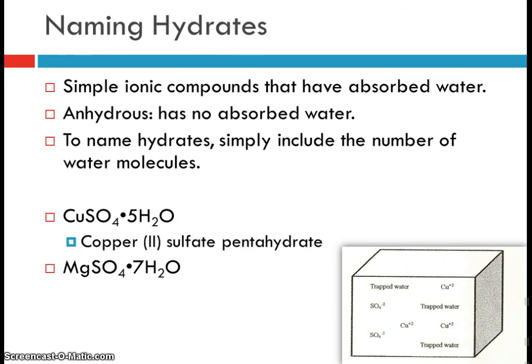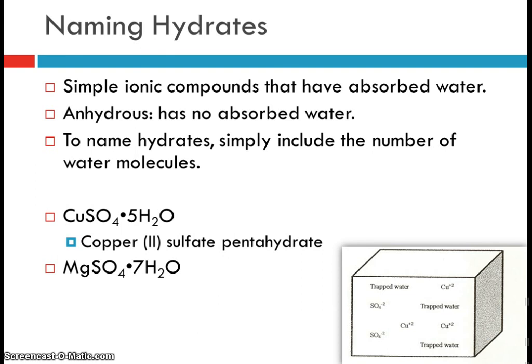That will be named CuSO4 as copper 2 sulfate, and then when you have 5 H2O molecules, it'll become pentahydrate, because 5 means penta. Now, if you want to go over prefixes more in depth, go to the covalent naming podcast.